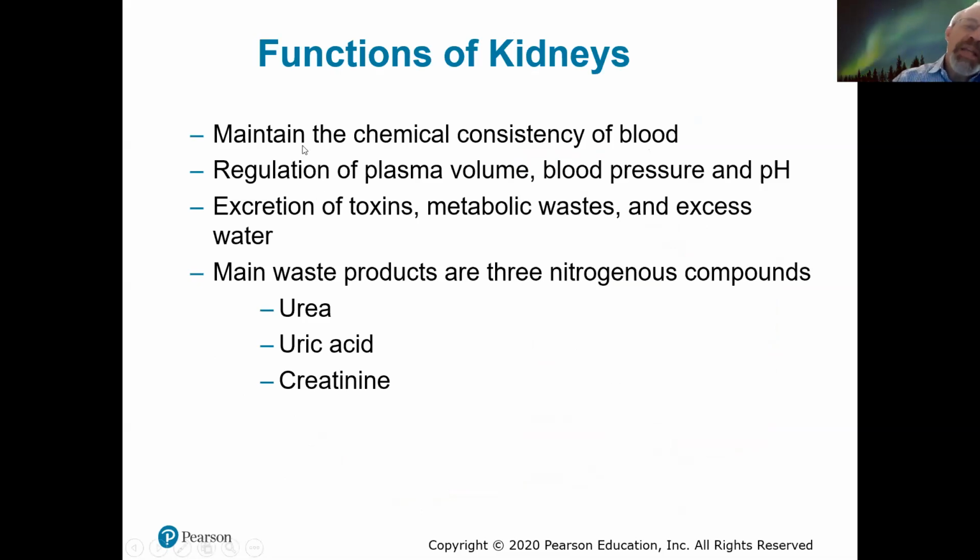First of all, it plays a role in maintaining the chemical consistency of the blood, regulating what's going to move from the kidney back into the blood, regulating what ions, how much water, glucose, things like that. So it basically maintains the consistency of the blood. It helps to regulate the volume of blood plasma, blood pressure, as well as pH, or the acidity of the blood. And we're going to talk a bit about how it does that.